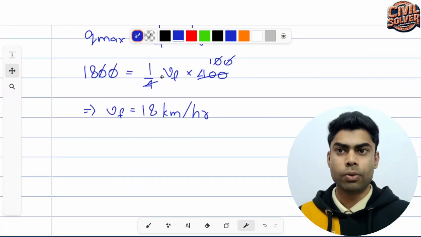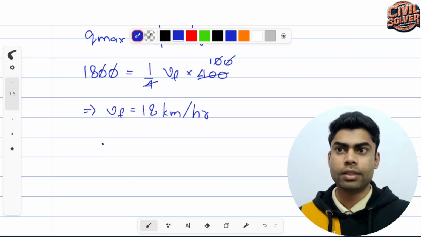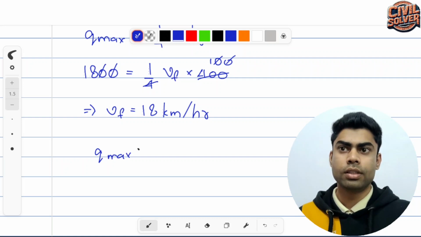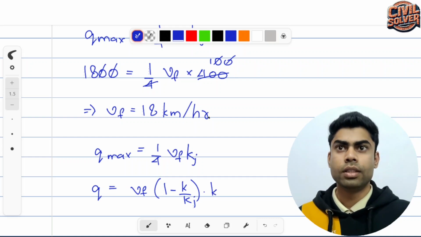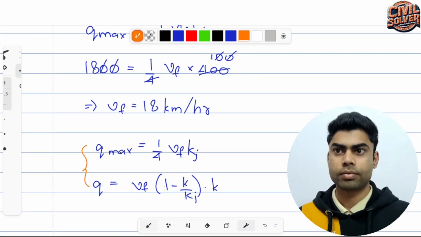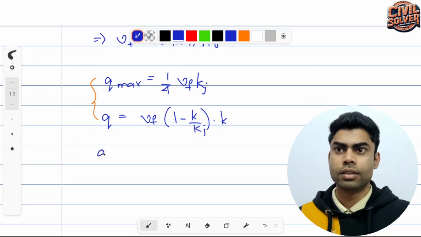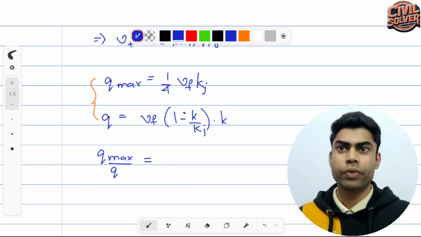Now for Greenshield's model, we know that Qmax is simply 1/4 Vf Kj, and the relationship between Q and density is Q equals Vf times 1 minus K by Kj, times K. Divide these two relations. We will get Qmax by Q is equal to Vf will cancel out.